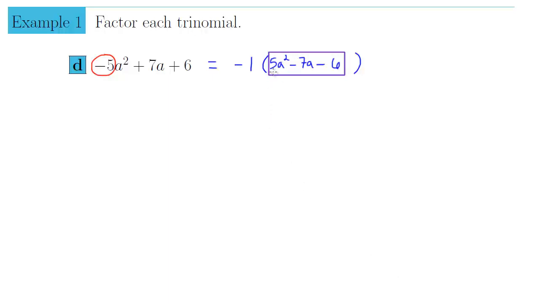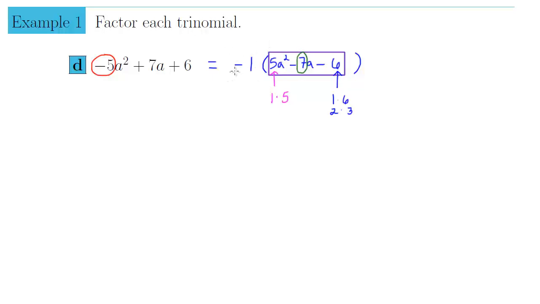So we're going to look for factors of our leading coefficient here. Factors of 5 are just 1 and 5. Then we have to look for factors of our last coefficient. We're going to ignore this negative sign for now. Factors of 6 are 1 and 6, or 2 and 3. And now we're going to build our boxes and try to combine to the 7 in the middle.